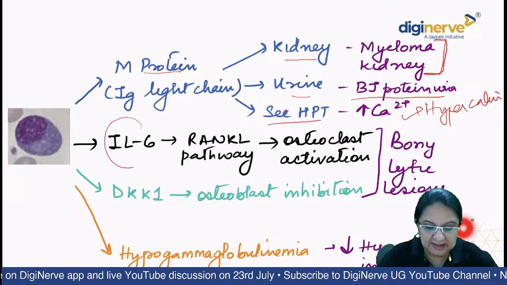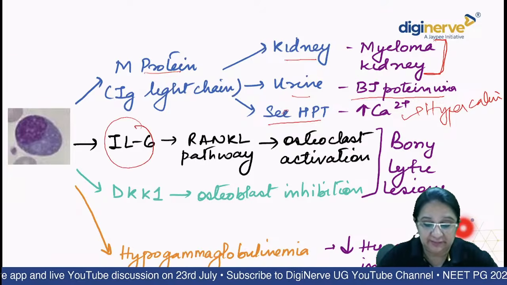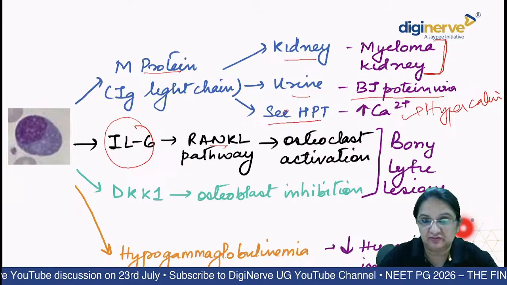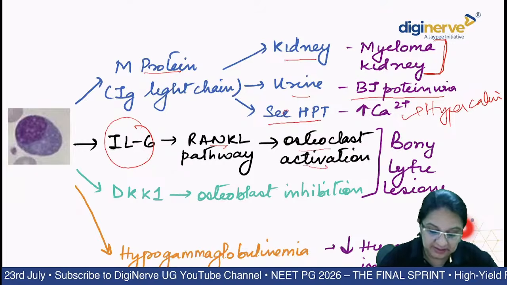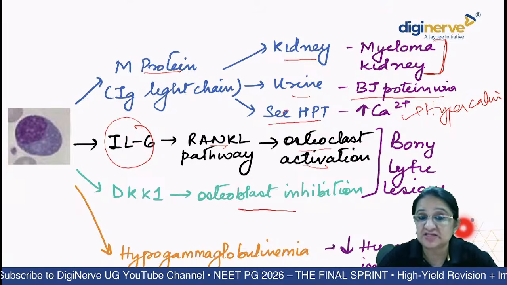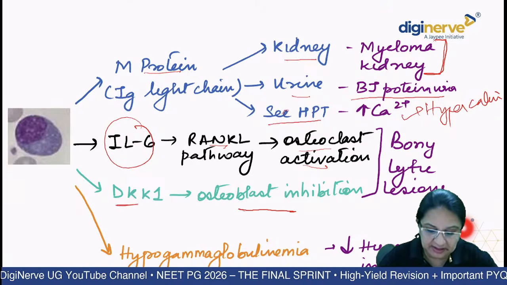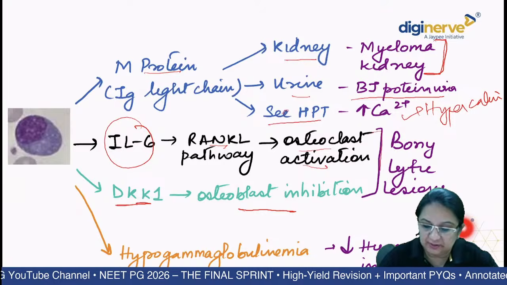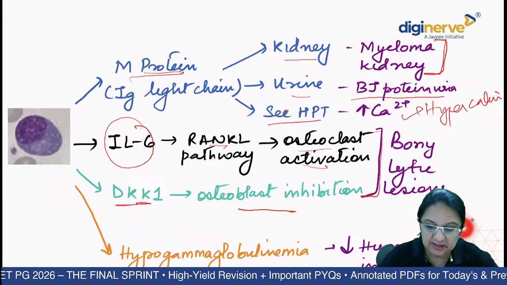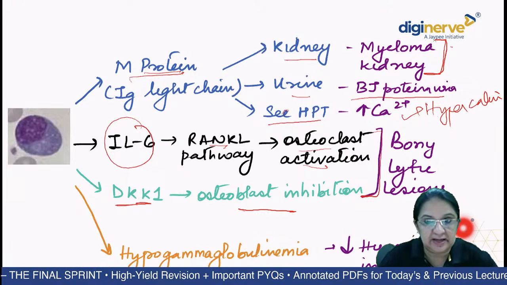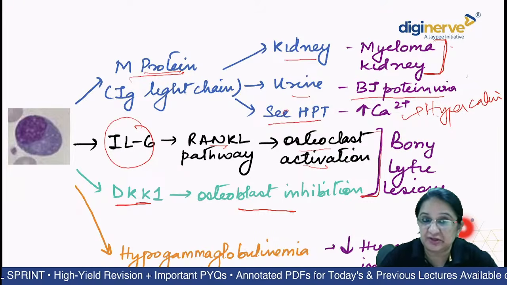What will IL-6 do? This cytokine will activate the RANKL pathway, resulting in osteoclast activation. On the other hand, there is osteoblast inhibition by your DKK1. This will lead to bony lytic lesions. Okay. So M protein effects, you see it on kidney and hypercalcemia and Bence-Jones proteinuria.